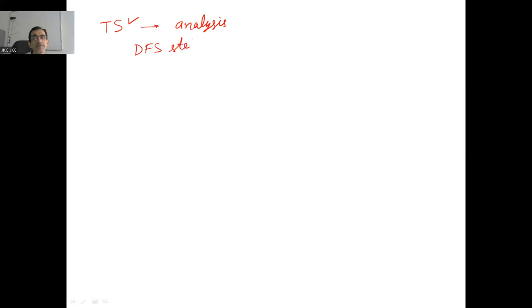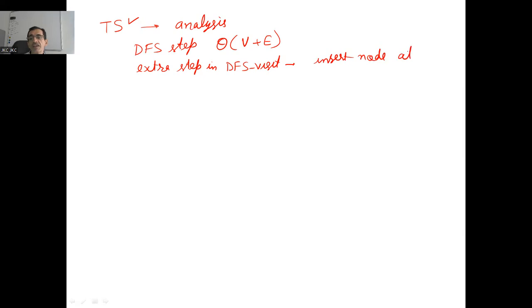For the DFS step, we already saw that the time complexity is theta of V plus E. Then the extra step in DFS visit is insert node at the start of the linked list. And I know that if insertion is to be done at the start of a linked list, this is big O of 1 or theta of 1.